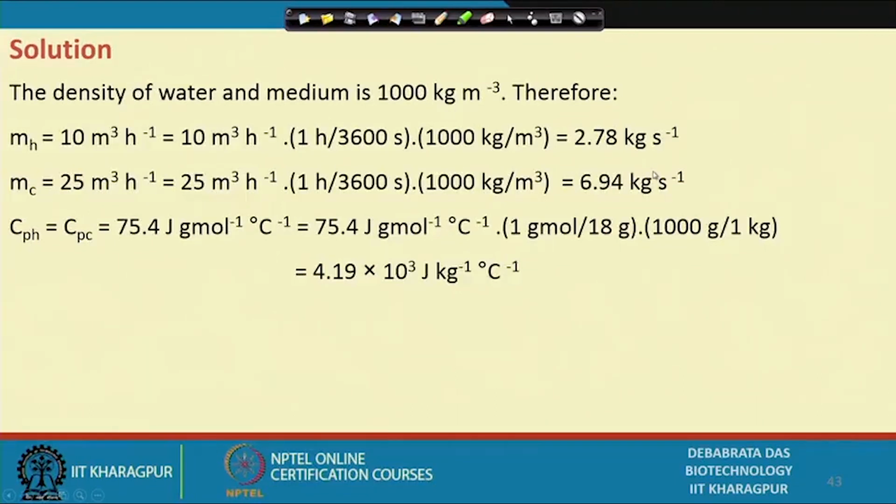Similarly we can convert the flow rate of cool water, which is 6.994 kg per second, and the specific gravity of cool and hot water can also be converted into SI units.